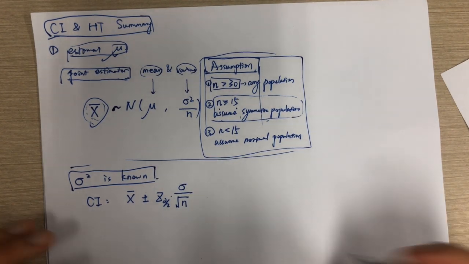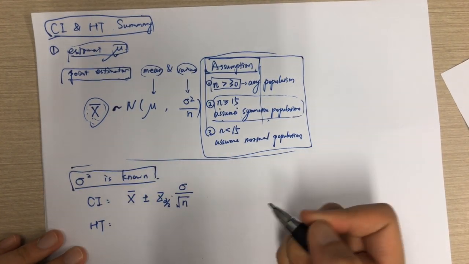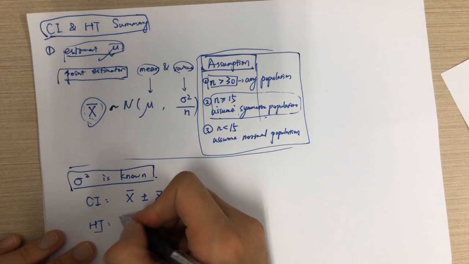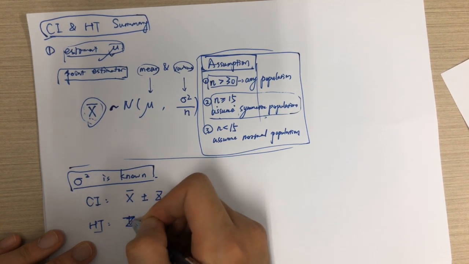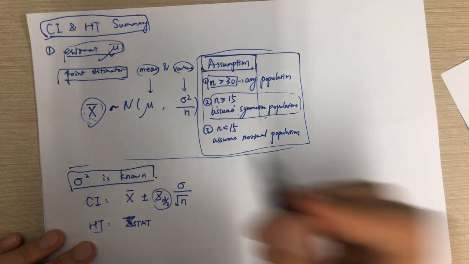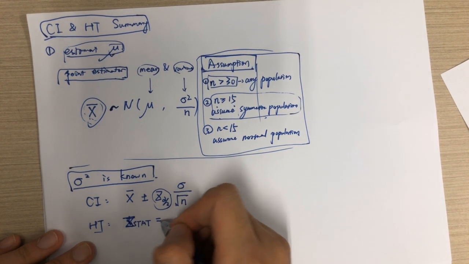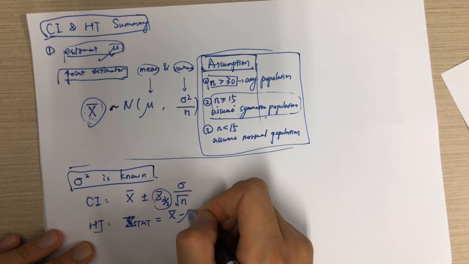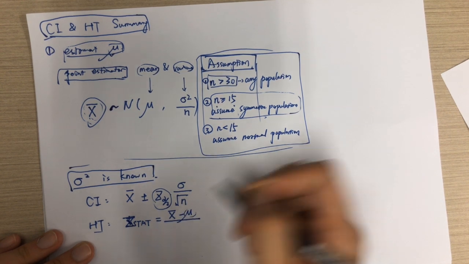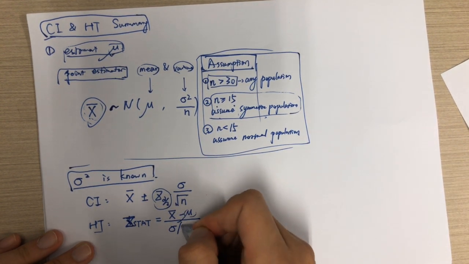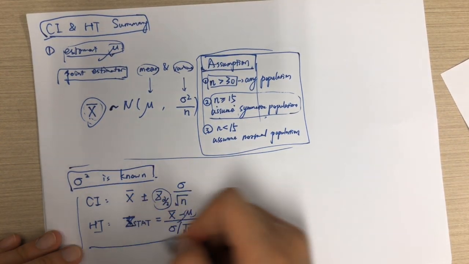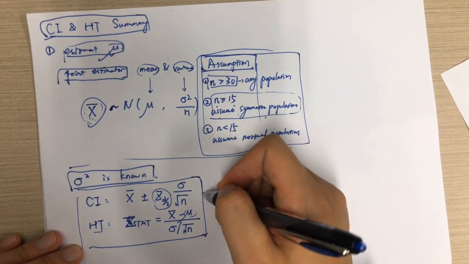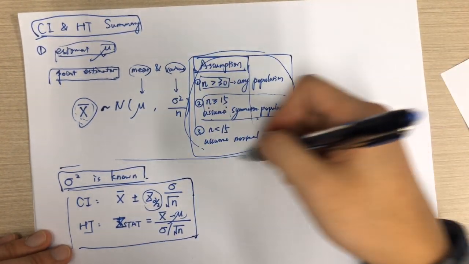In the hypothesis testing, we use a z-stat, which is simply the standardized version: X bar minus mu, where mu is from the null hypothesis, divided by sigma divided by square root of n. We use this when sigma is known, but again, the assumptions are here.